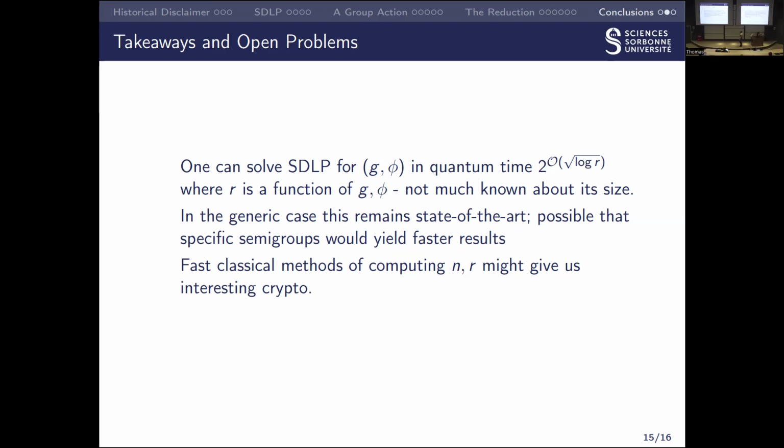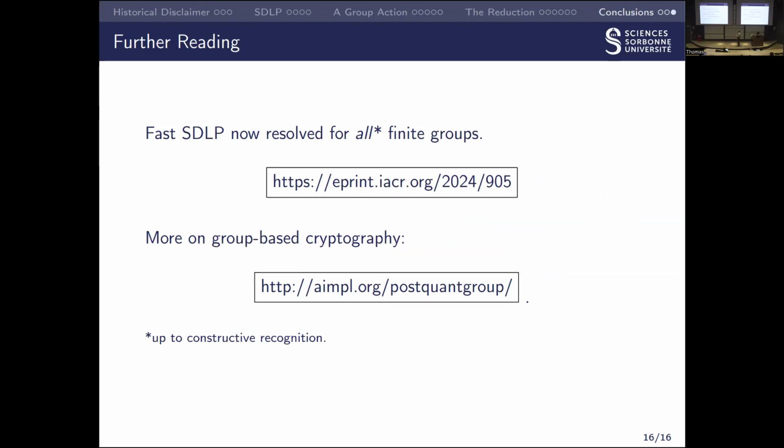This is an example of the not very well studied field of group-based cryptography, and I've got some recommended reading for you. We very recently got a big result: we showed that SDLP is easy in all finite groups, so we don't have to take a specific choice of finite group.